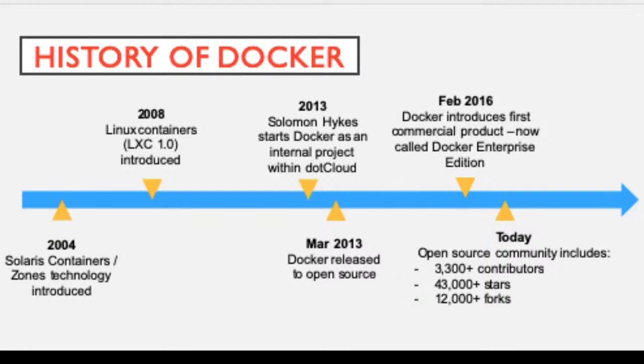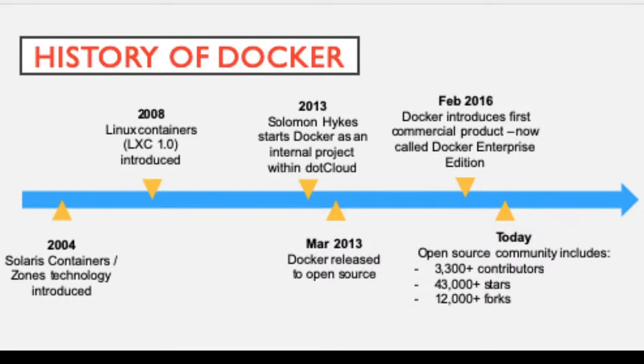So here, if you see the history of Docker, it came into existence sometime in 2004 with the introduction of Solaris containers, Sun Solaris, which you might know. Then 4 years down the line, Linux containers got introduced.